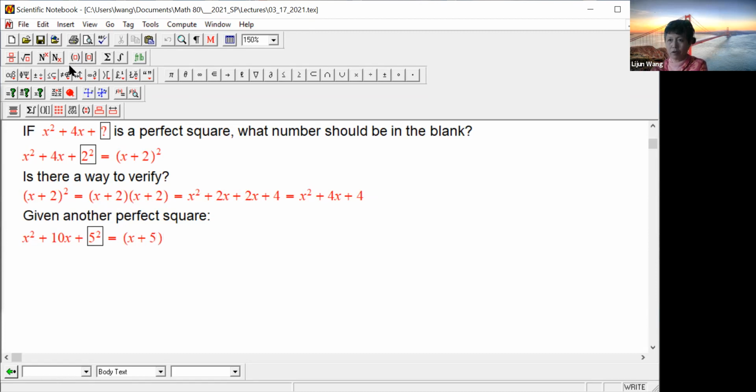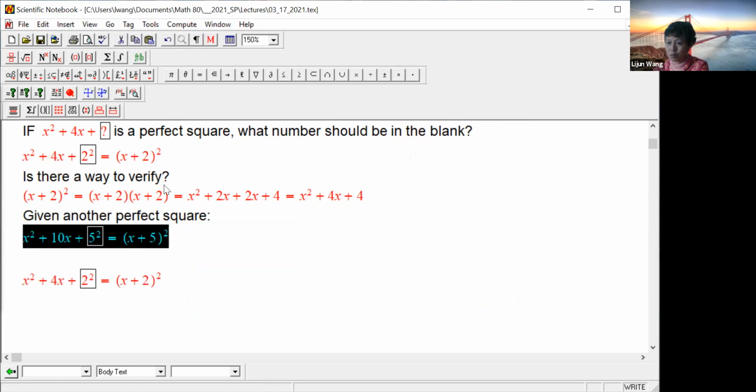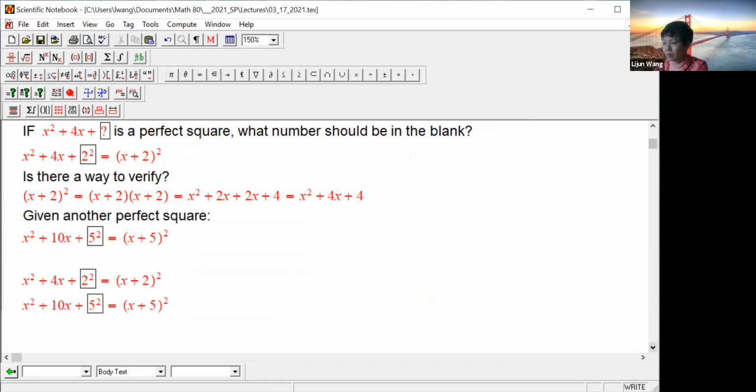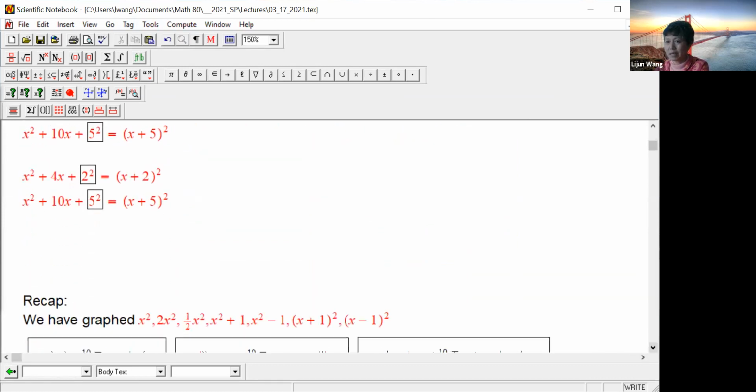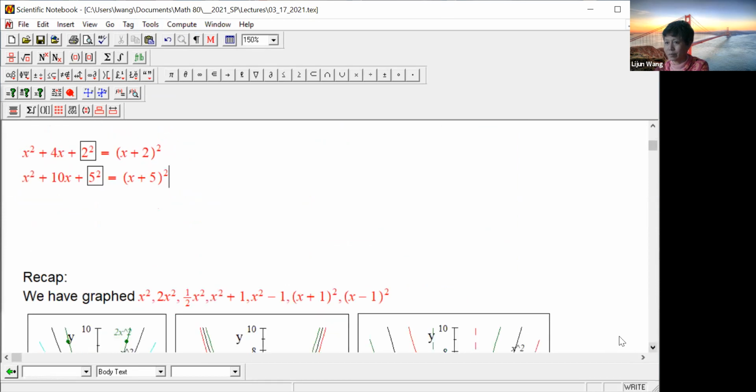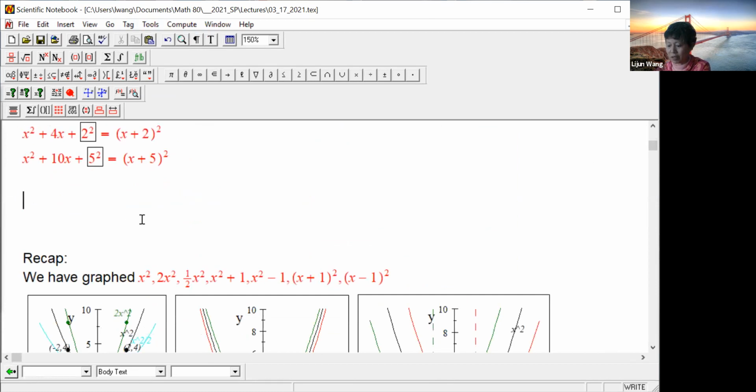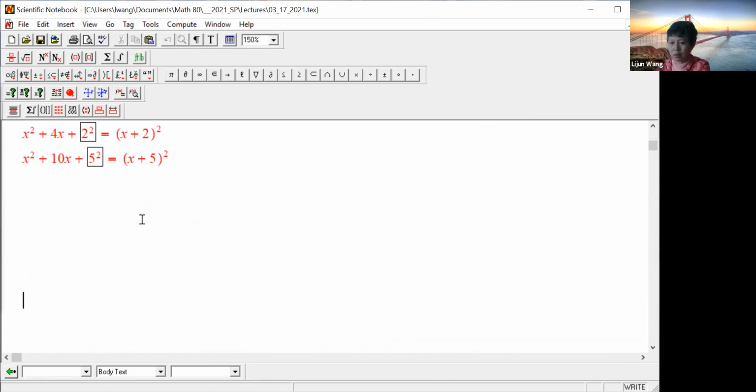You can verify, and there are all these references. You can refer to the table for reference, and we have identified a pattern, haven't we? From here to there, what pattern have we identified in order to find that perfect square?